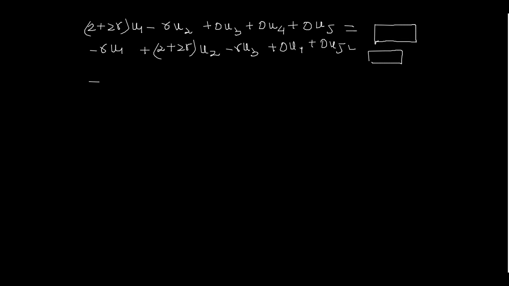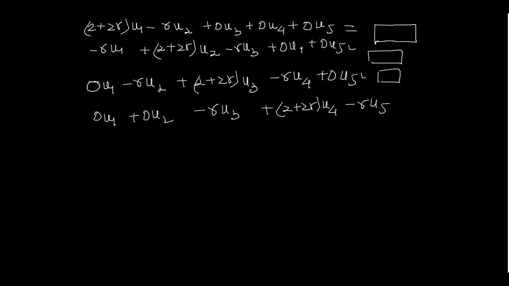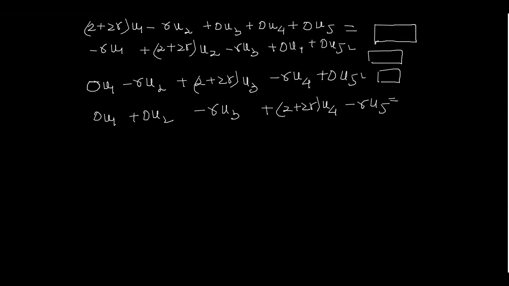Similarly 0 u1 minus r u2 plus (2 plus 2r) u3 minus r u4 plus 0 u5 equals something. Again 0 u1 plus 0 u2 minus r u3 plus (2 plus 2r) u4 minus r u5 equals something.